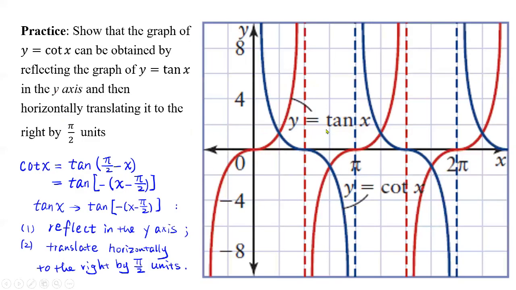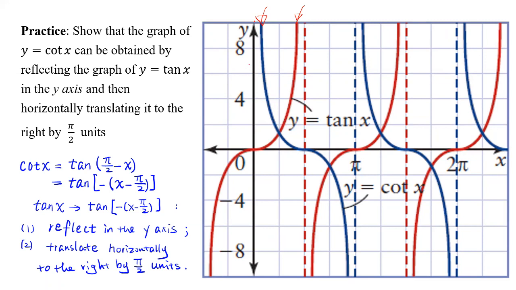Understand? So let's have a look at how do we achieve this in this graph. So suppose the y-axis is here, x-axis is here. So the original tangent x is the red curve, right? And we know that by reflecting in the y-axis and then translating horizontally to the right by half pi units, this function will become here, which is exactly the graph of the cotangent function, right?